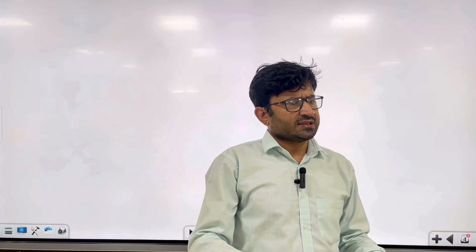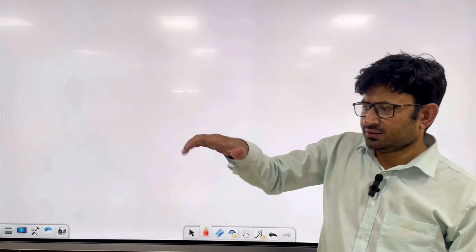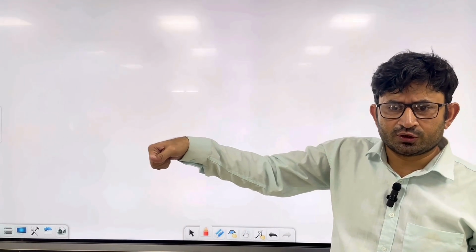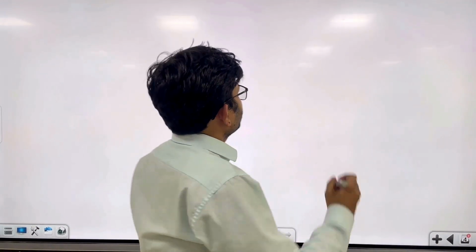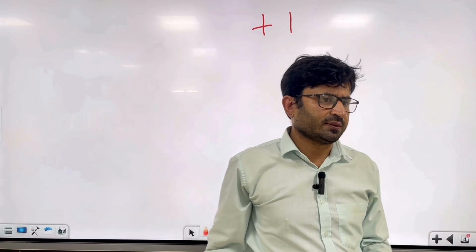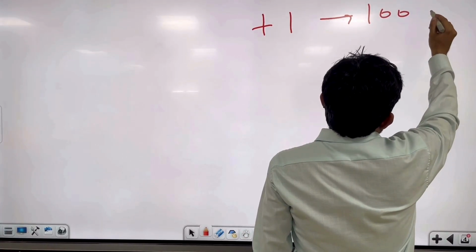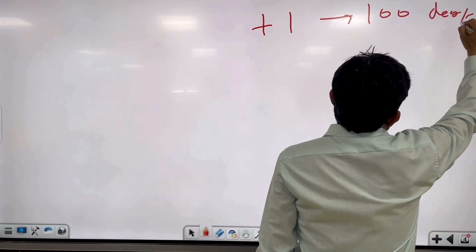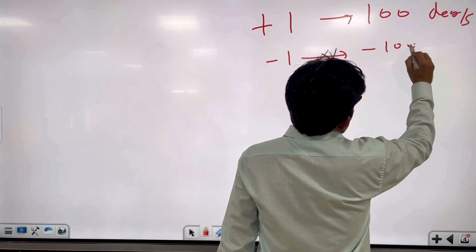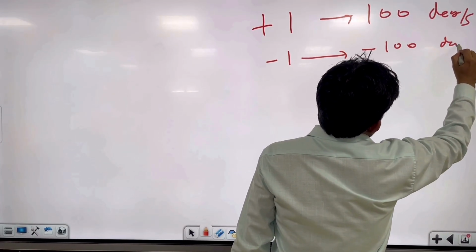So what is the positive roll? Towards right, according to the right-hand rule. If you curl your fingers like this, the thumb points towards the positive axis. So plus 1, and what is the stick output? Plus 1 and minus 1. Plus 1 corresponds to your aircraft rolling with 100 degrees per second, and minus 1 corresponds to minus 100 degrees per second.